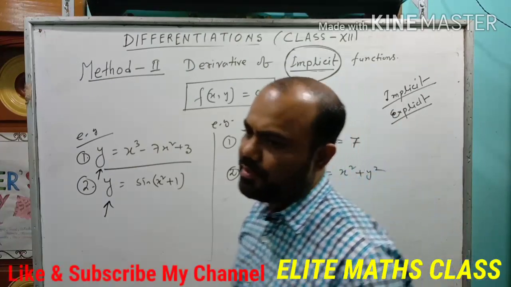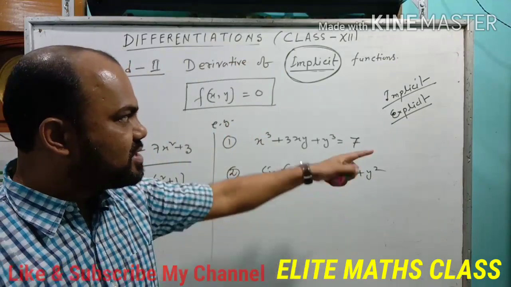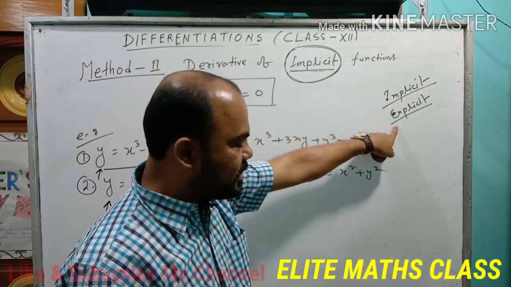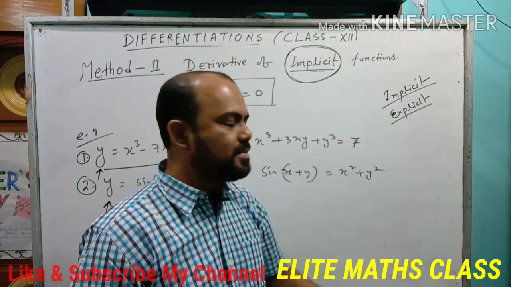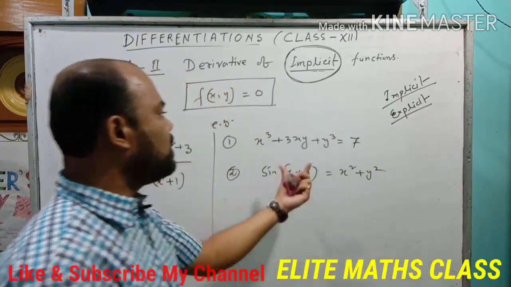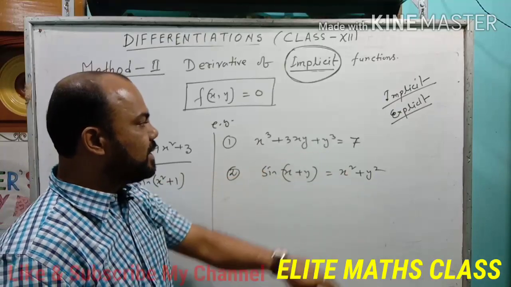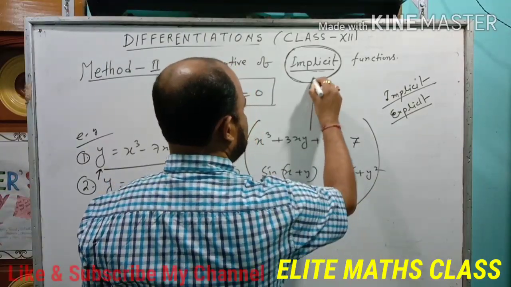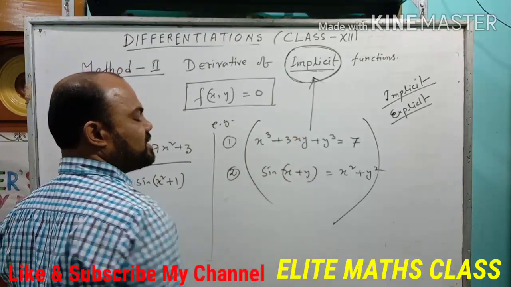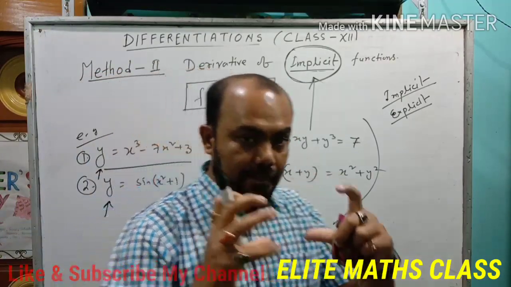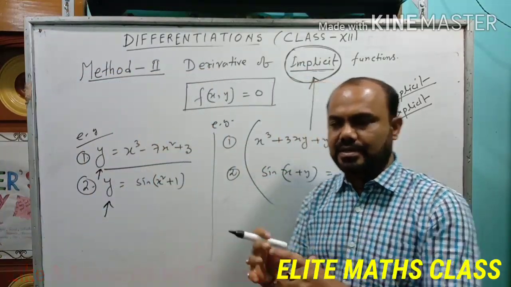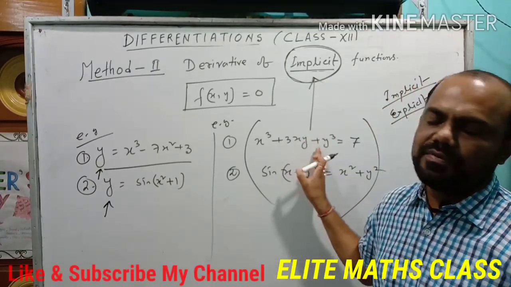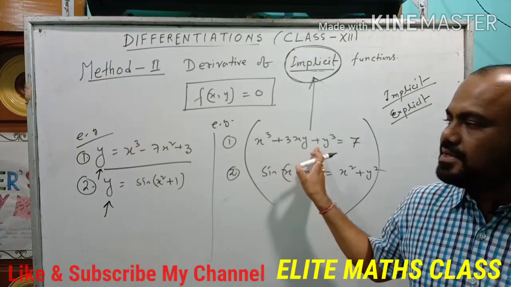In some cases explicit form can be converted to implicit form and implicit to explicit, but in most problems you will not be able to find y in a simpler way. So these are the implicit functions: when x and y are mixed up in an expression, these types of functions are called implicit functions.